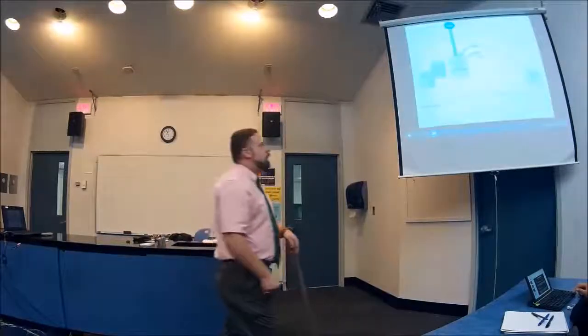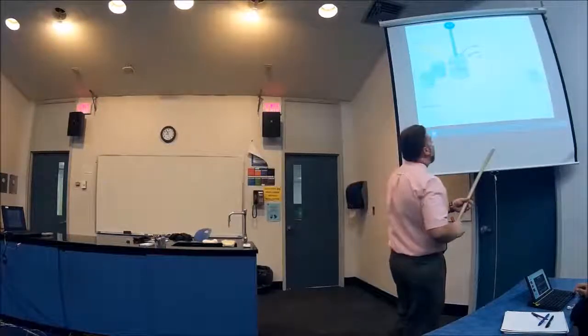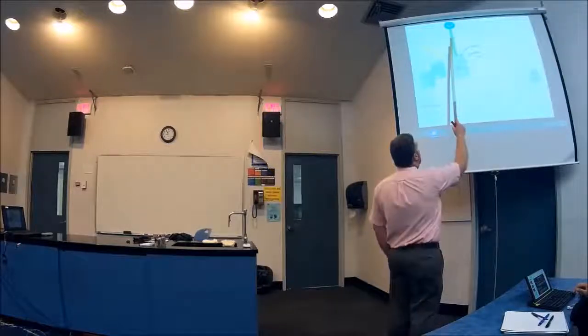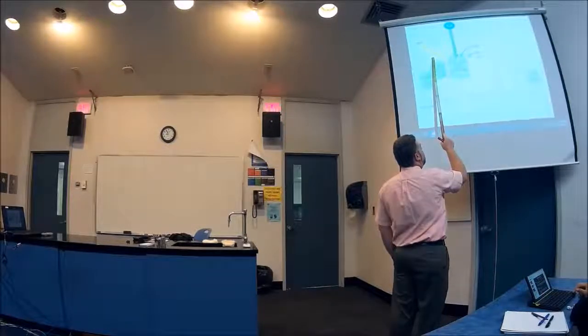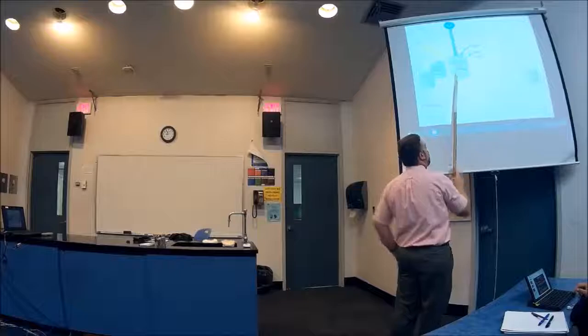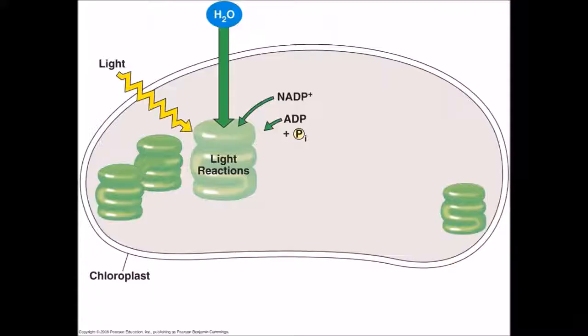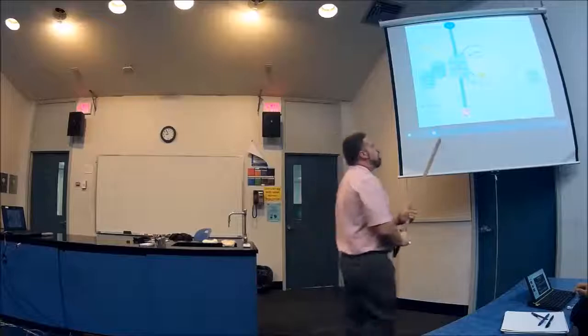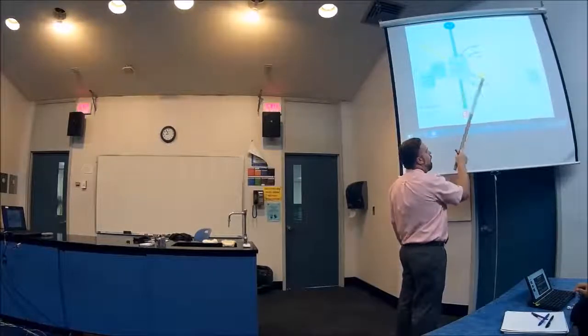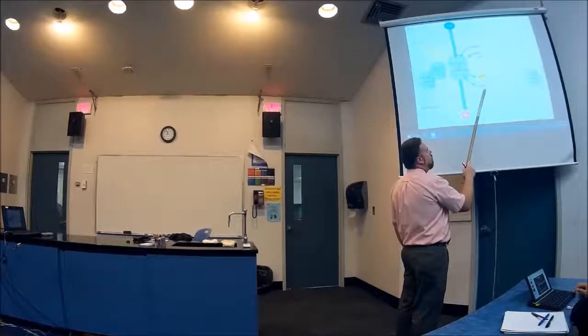All right, so what's happening here? Photosynthesis. Water and sunlight are going to go into light reactions. And the light reactions are going to make ATP and NADPH.